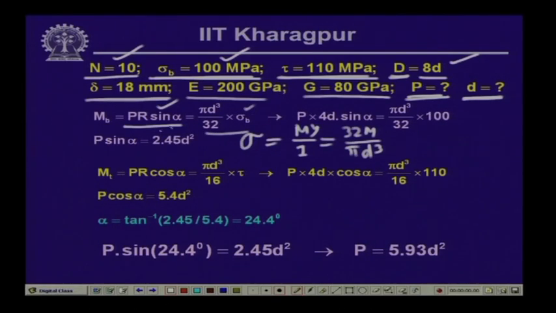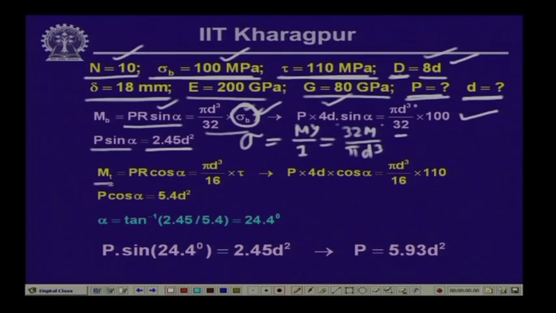So, M, which is P R sin alpha, equals pi d cube by 32 multiplied by sigma, and since capital D is 8 d, capital R is 4 d. So, P times 4 d multiplied by sin alpha equals pi d cube by 32 multiplied by sigma bending, the stress, which is given as 100 MPa. This gives us a value of P sin alpha equals 2.45 d square.